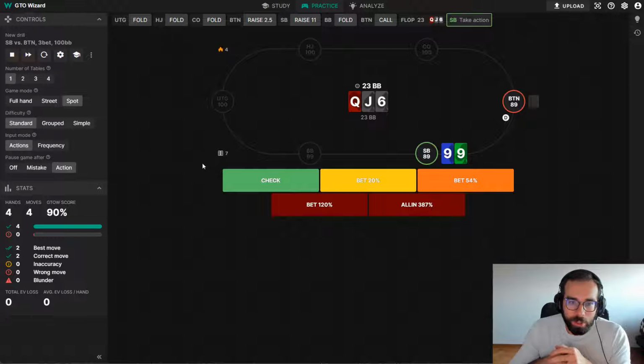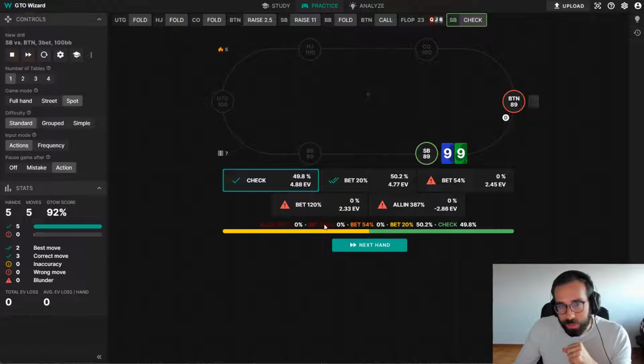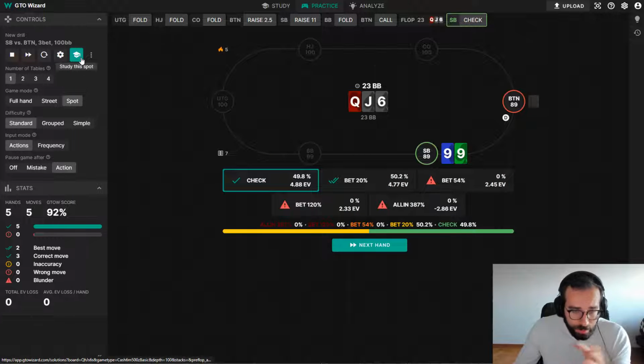I think here the check is going to be way bigger than 7%, so if we have a 7 on the randomizer, technically speaking, we should just check here. Even if, again, on this board I think we're betting at a decent frequency, this hand can be checked. Definitely. And as you see, it's pretty much 50-50, check or bet small.